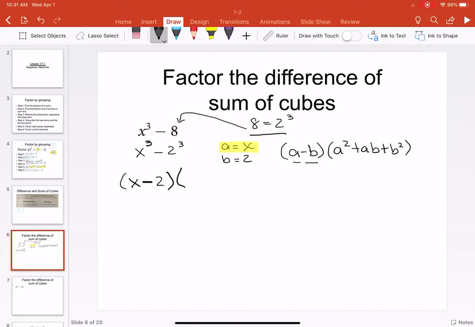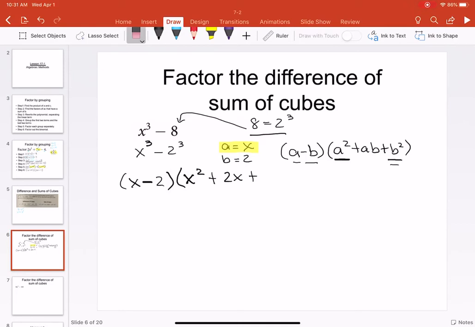Then I do A squared. What is A equal to? A is x, so I just do x squared. Plus AB, which is A and B. Then plus B squared. But what is B?